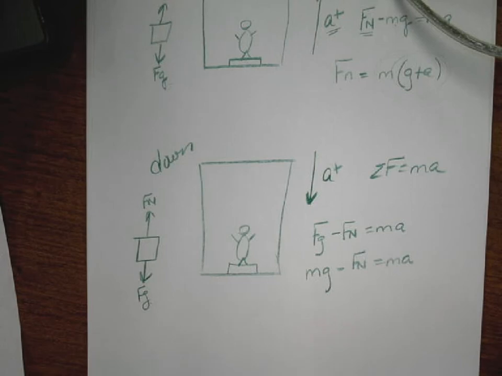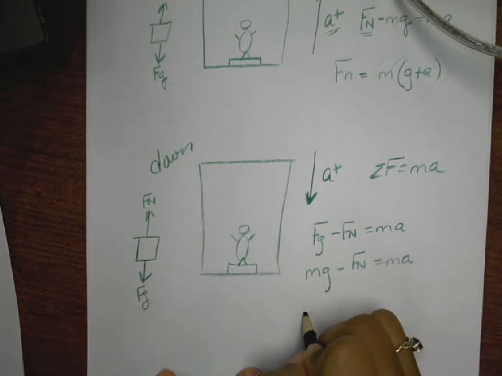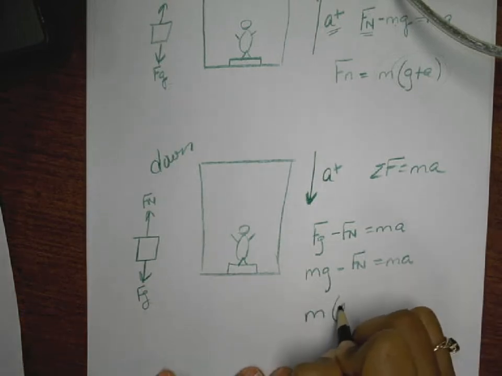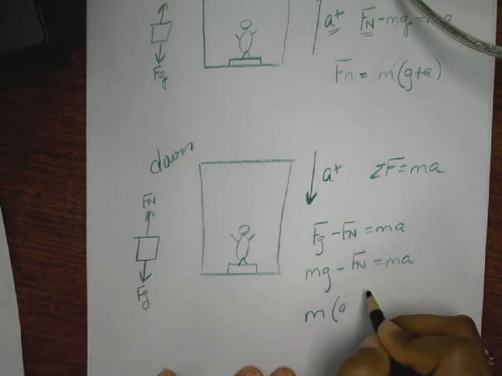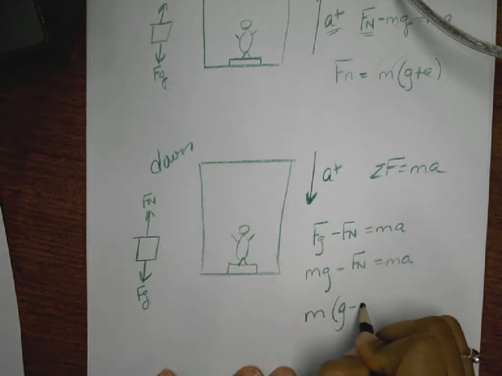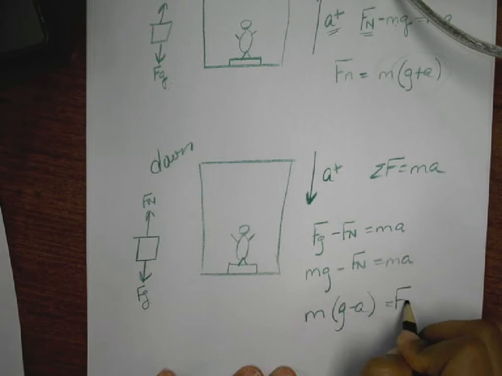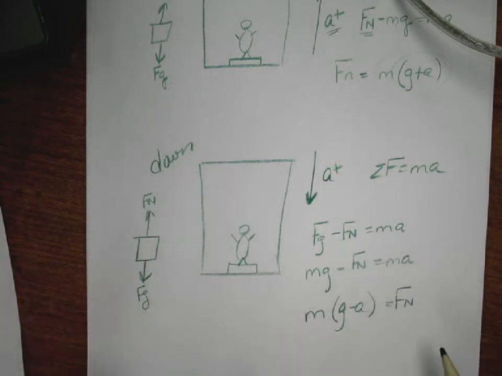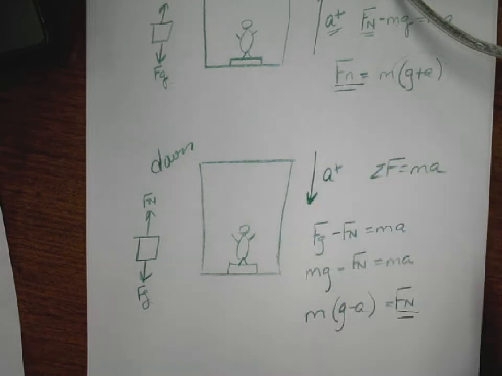Well, let's do a little bit of algebra. Then I'm going to say m times (g minus a) is equal to F_n. So now you weigh less. The scale reads less here. The scale reads more here.